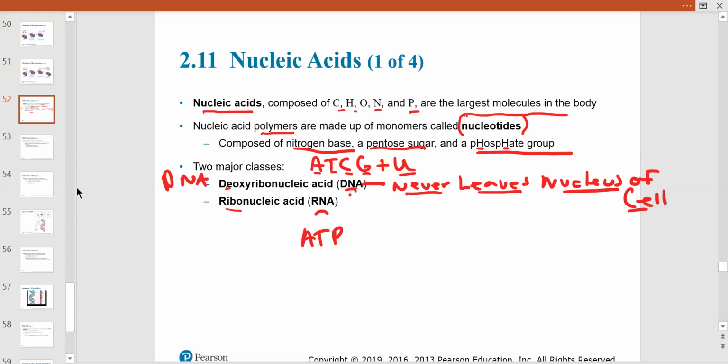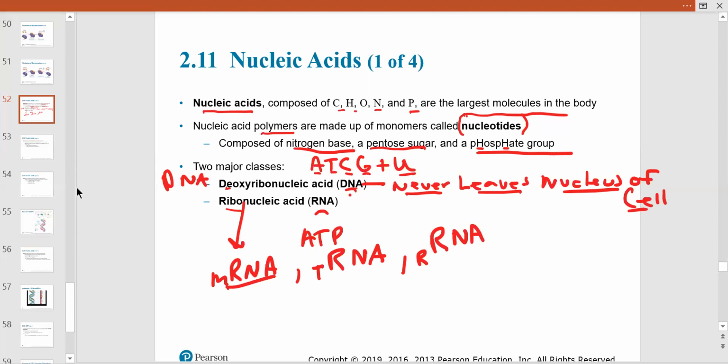There's three types of RNA, and there's mRNA, which is messenger RNA. Then there's tRNA, which is transfer RNA. And then there's rRNA, which is ribosomal RNA. So the messenger pretty much does what it says.